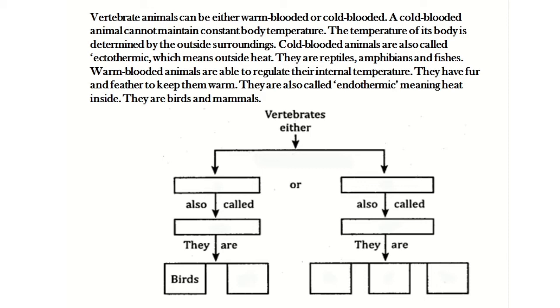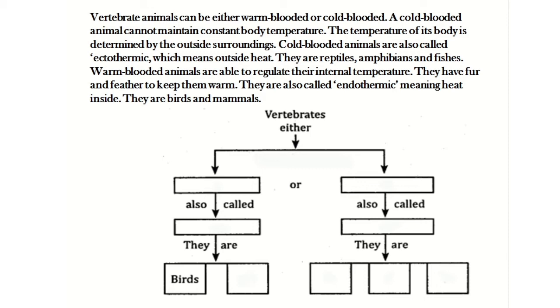They are reptiles, amphibians and fishes. Warm blooded animals are able to regulate their internal temperature. They have fur and feathers to keep them warm. They are also called endothermic, meaning heat inside. They are birds and mammals.